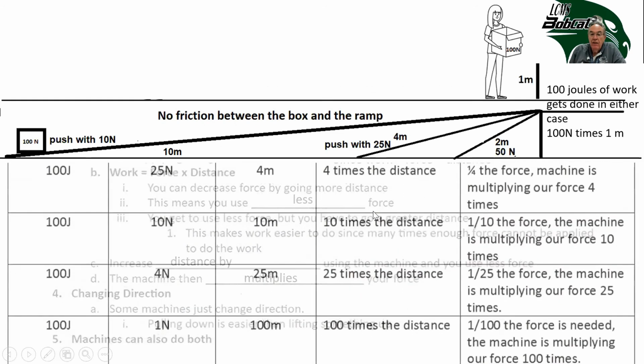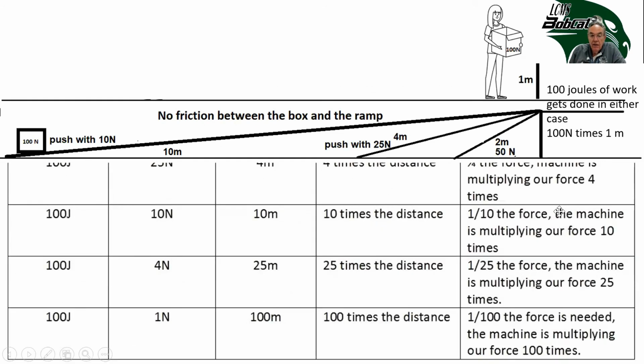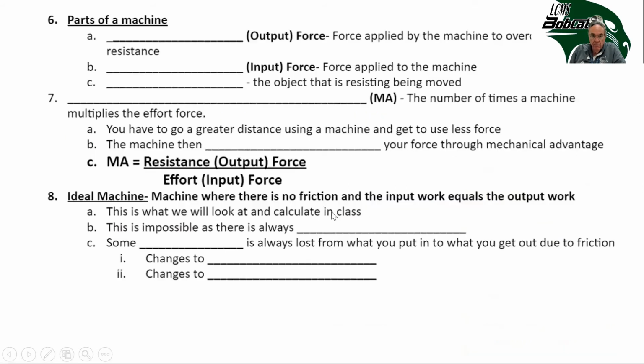So in this case, the effort is what you're pushing the box with. The output is the box that gets lifted. Okay. And the resistance or the load is the object that resists being moved. So in this case, it would be that 100 newton box.